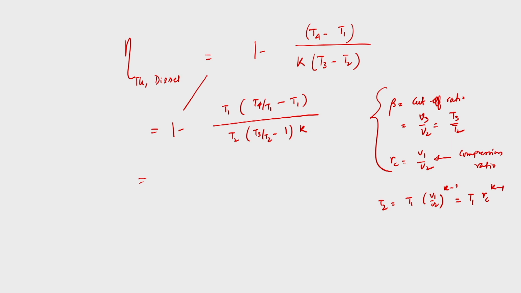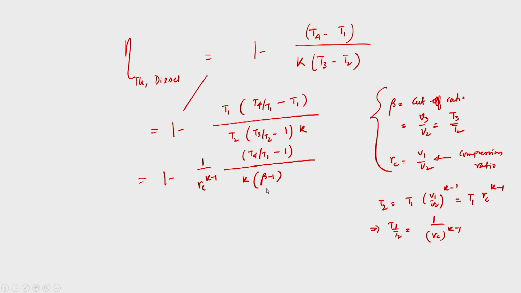Therefore, T1 by T2 is equal to 1 by RC to the power K minus 1. So, I can write this as 1 by RC to the power K minus 1 into (T4 by T1 minus 1) divided by K into (beta minus 1), since T3 by T2 is equal to beta.